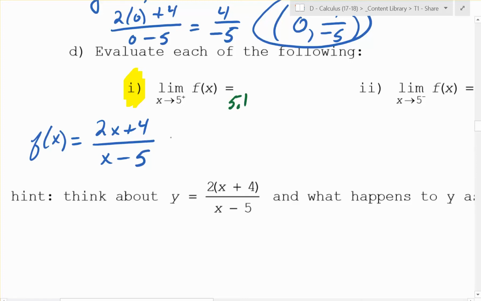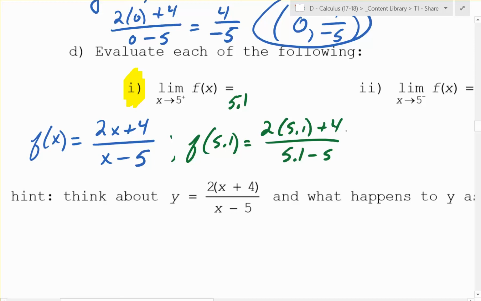So if you do that, so like f of 5.1, it's going to be 2 times 5.1 plus 4 over 5.1 minus 5. So this right here, you get 10.2 plus 4 is going to be 14.2, and this right here is going to be 0.1.